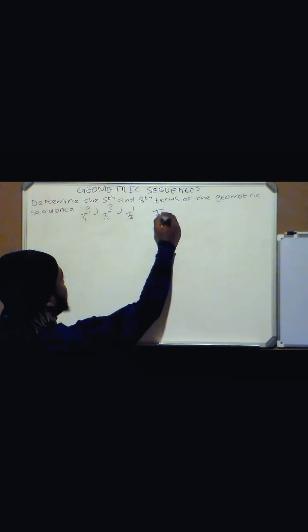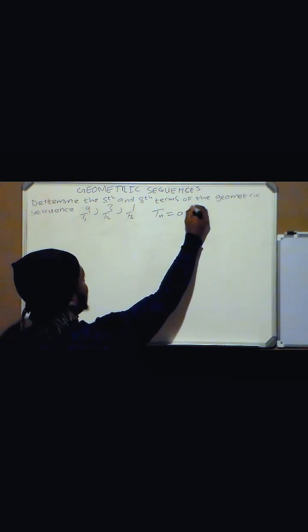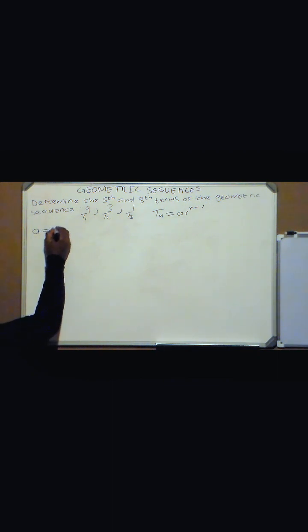So we have Tn equals ar^(n-1). Since here we are given the first term is 9, we know that our a should be equal to 9. And then what's left for us to do is to find what?